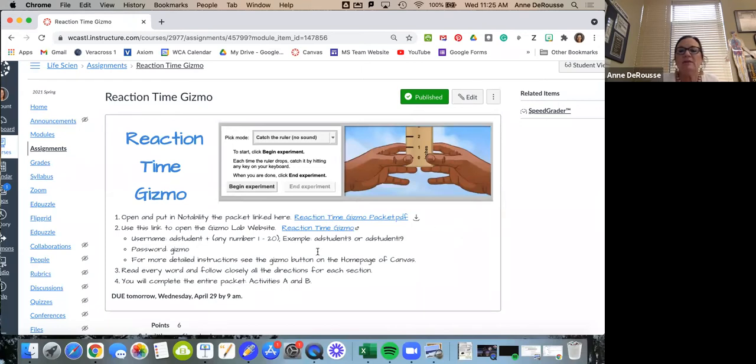And here is the link to the gizmo itself. And remember, when you're using this link, don't click on the trial, or that's going to give you that 5-minute timer.